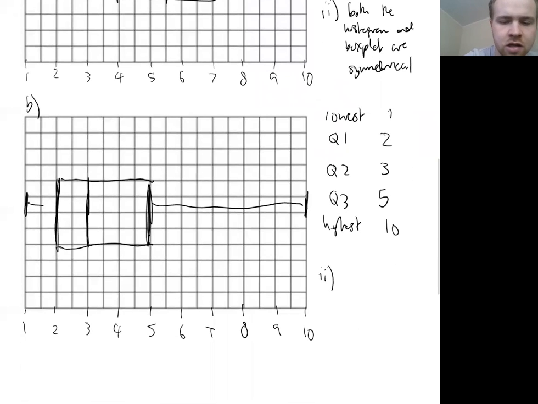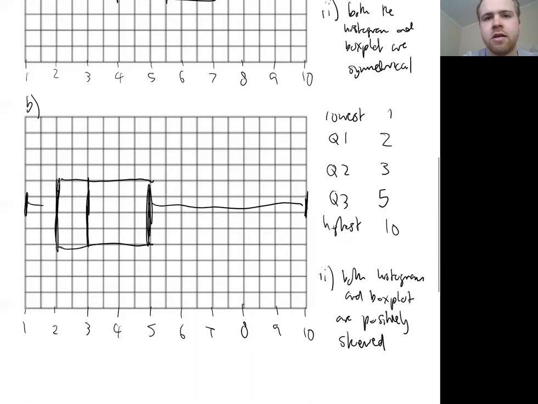So we can say both histogram and box plot are positively skewed, in that, remember, positive means to the left. That is more small numbers than big numbers there.